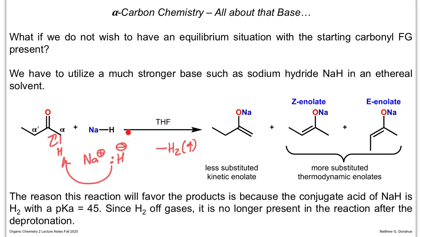The reason the arrow is drawn this one way is because now the pKa of H2 is about 45, and we were starting with about 20. So 45 minus 20 is a 10 to the 25 difference in pKa values. So delta pKa.